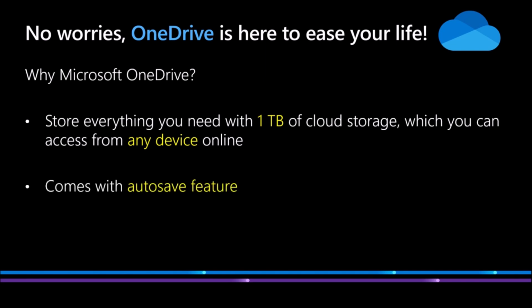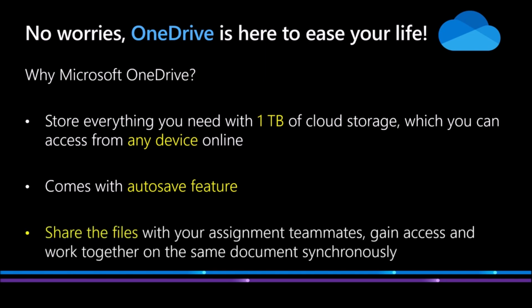It also comes with an autosave feature, so you don't have to worry that you forget to save your assignment files and lose them when the computer crashes. And lastly, by using OneDrive, you can share files with your assignment teammates so that all of them can gain access and work together on the same document at the same time.